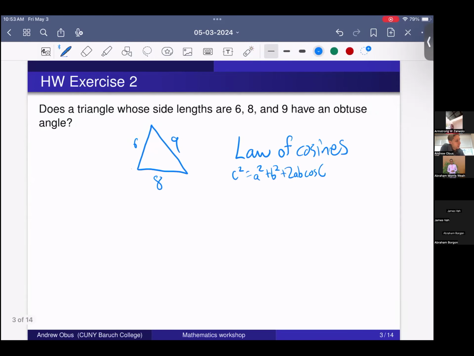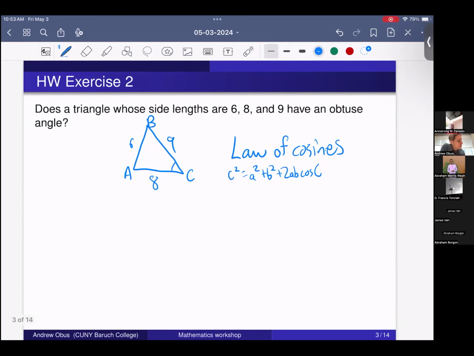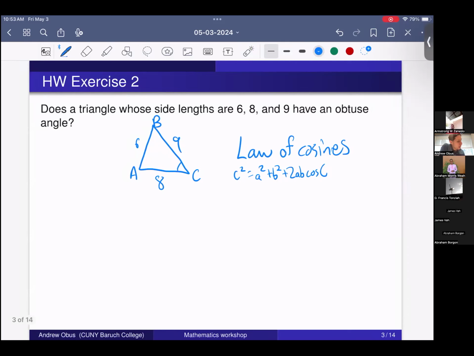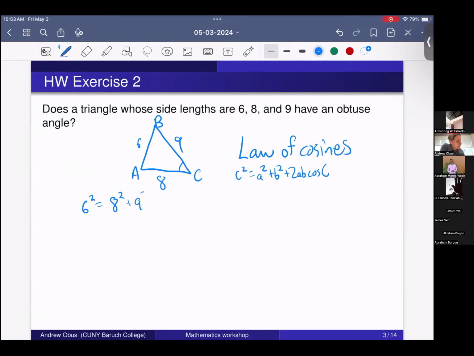So for instance, if I call these sides A, B, and C, and if I want to calculate angle C, I know that plugging everything into the law of cosines, I get that 6 squared equals 8 squared plus 9 squared plus 2 times 8 times 9 times cosine of C. Or in other words, we have that 36 equals 64 plus 81 plus 2 times 8 times 9 is 144 cosine of C. Oh, sorry, minus.